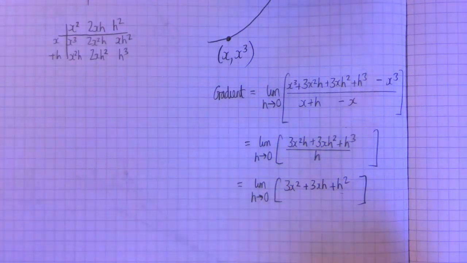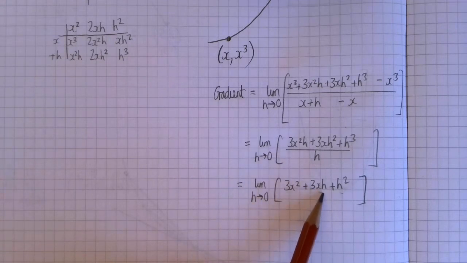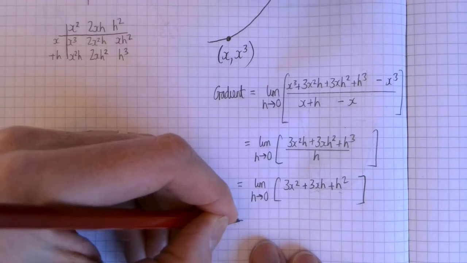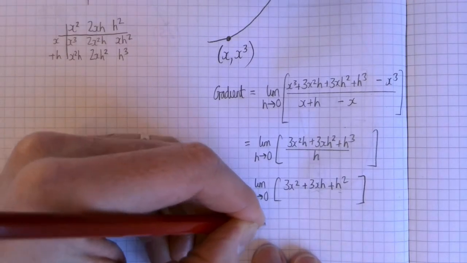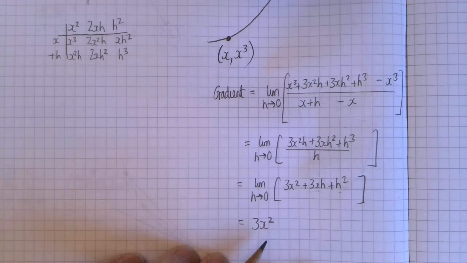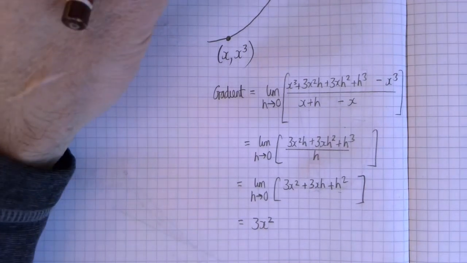And the denominator just becomes 1, so I'm not going to bother writing it. Okay, so as h becomes so tiny, this term becomes tiny as well, so tiny I can ignore it. And a tiny, tiny, tiny number squared, again, I can ignore it. So we get 3x squared. That is the formula for the gradient of y equals x cubed.